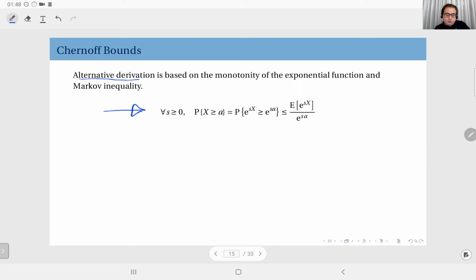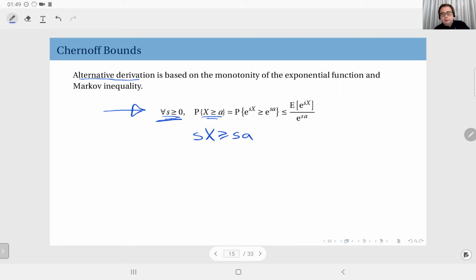Essentially, since we assume s is non-negative, the event that x is greater than or equal to a is equivalent to the event e to the power s times x is greater than or equal to e to the power s times a. Because when you have this inequality, obviously for non-negative s, you can write s times x greater than or equal to s times a.